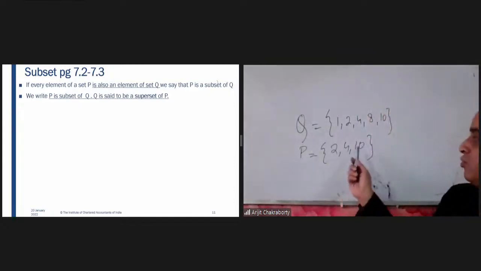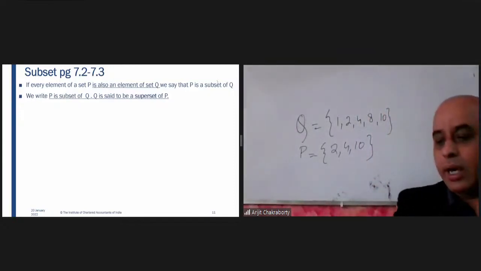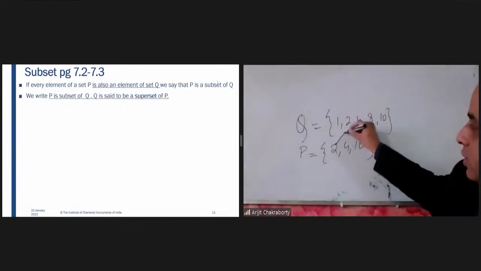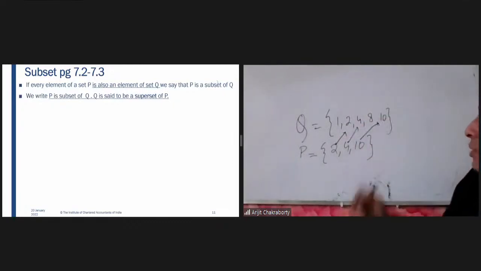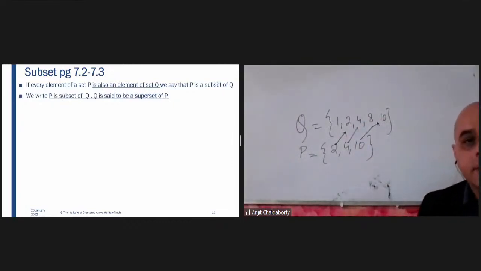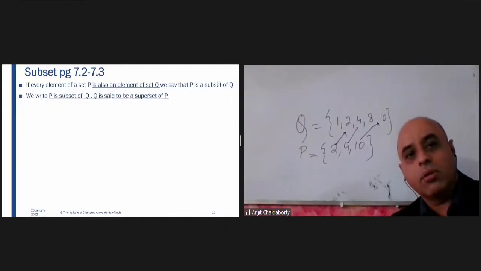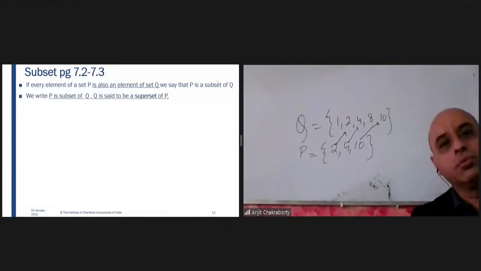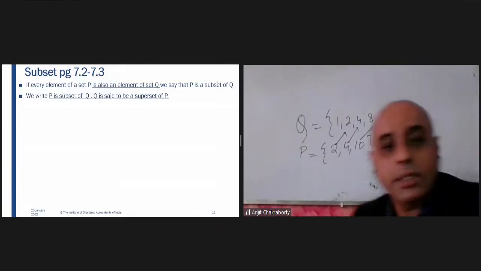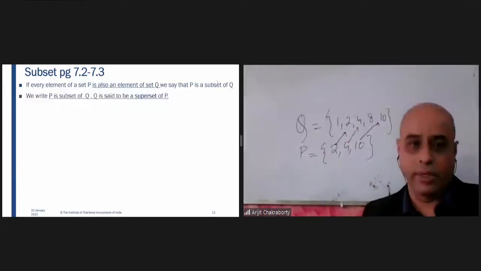So here we have 2, 4, and 10. Each of them I can map: 2 is here, 4 is here, 10 is here. So P is a set composed of elements which are also there in Q. So P, we say, is a subset of Q. Very, very important.